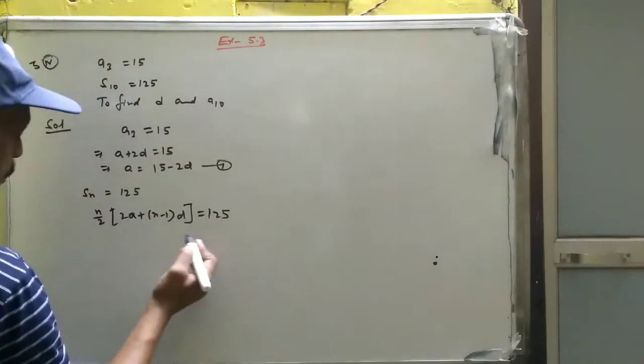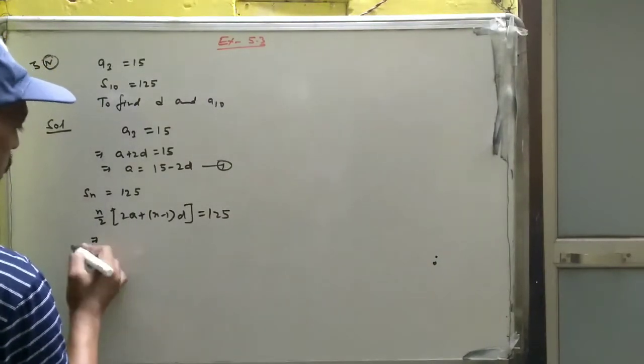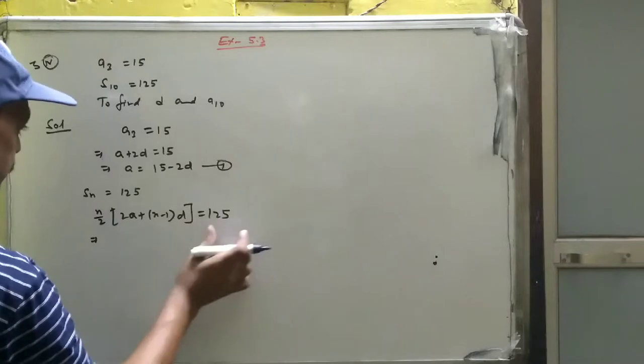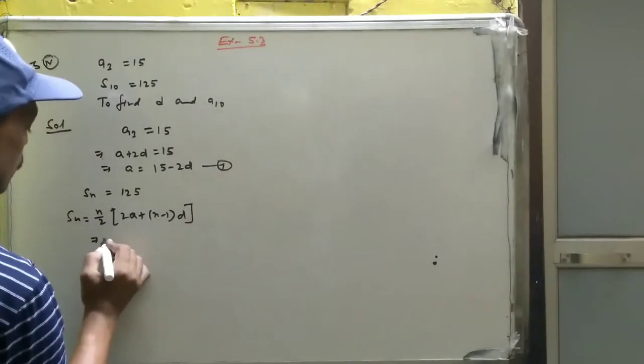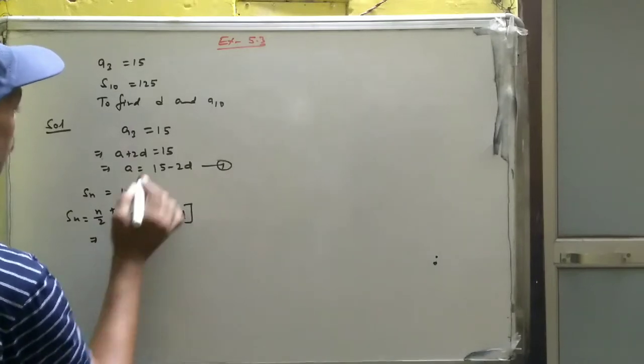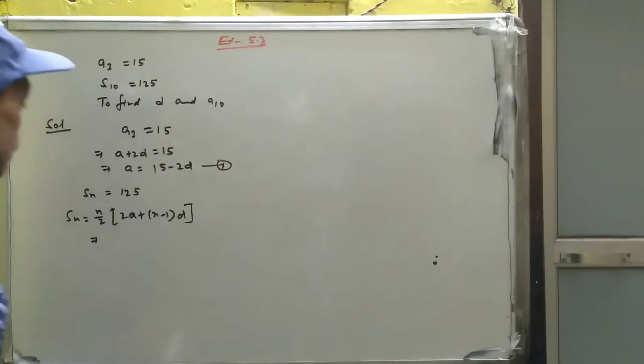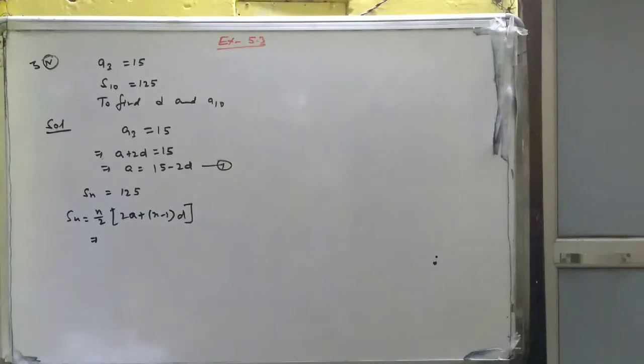Now put the values. At the place of n by 2, we will write the value of n, which is not given here. So just write n here.